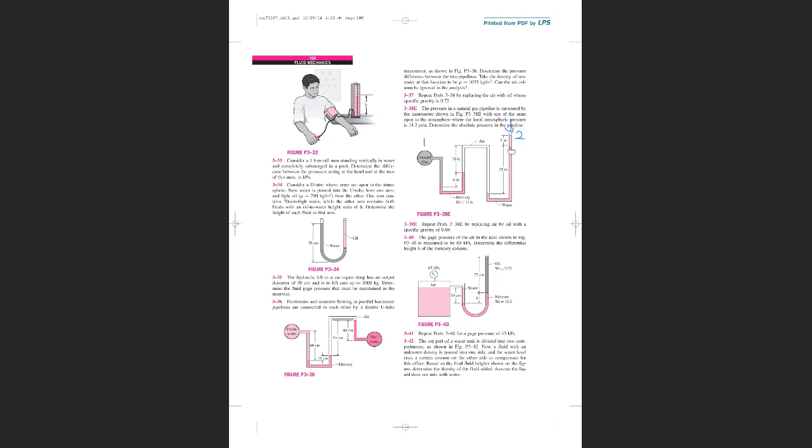Here you are going down, positive. Then going up, negative. Air is negative and mercury is negative. If you are moving down, both of these two are positive, and then going up, negative.